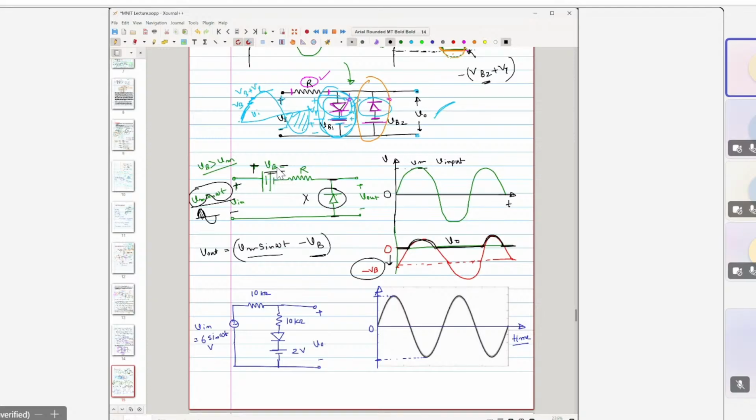You will get this one only when this diode is non-conducting. The diode is non-conducting only in this region. Okay. So that is the reason why you will expect a resultant waveform something like this.